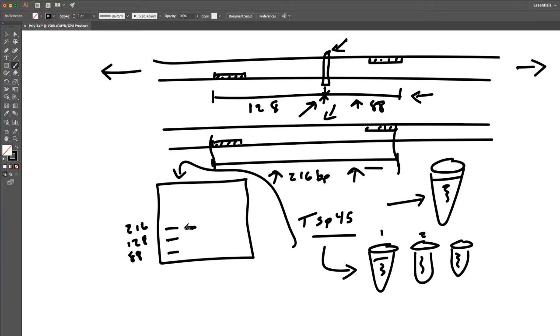So, if indeed this mutation causes the disease, then every person that has the disease should have this restriction pattern. And anyone who's wild type should have this one. This is wild type and mutant.